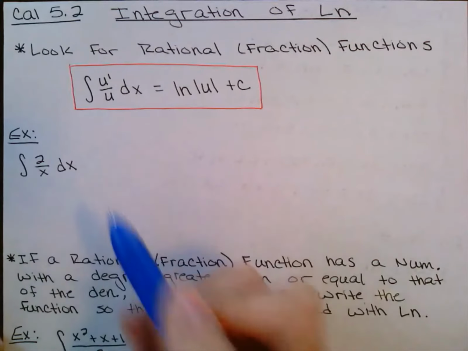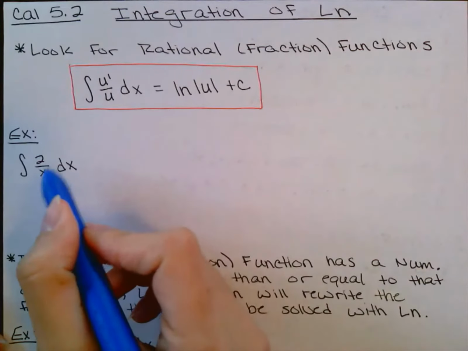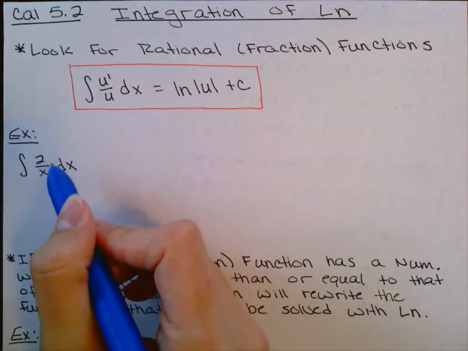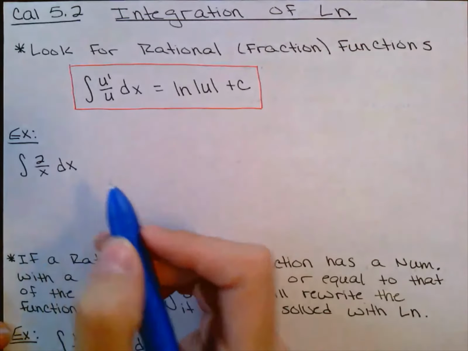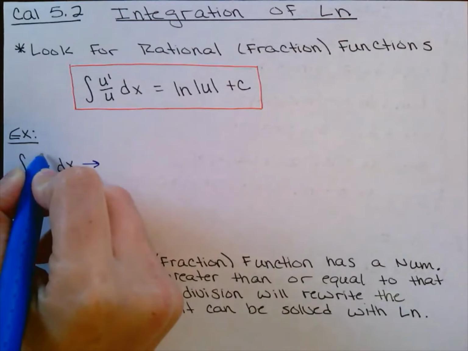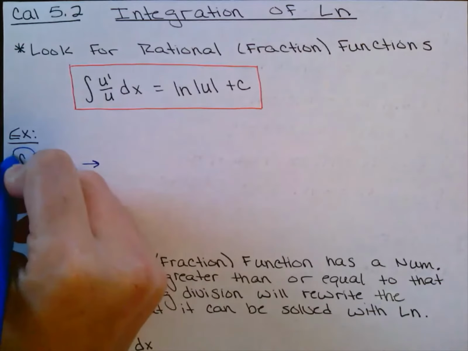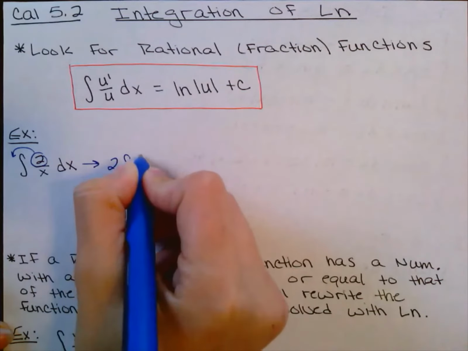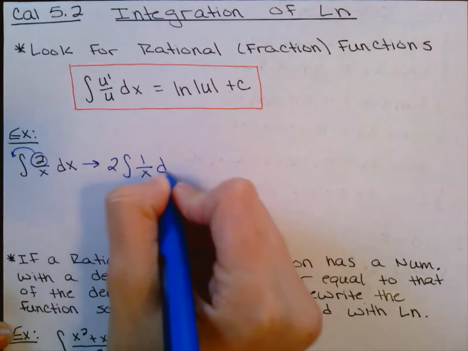Looking at this first example, you may feel like, okay, the derivative of x is not 2, but remember that with integrals we can rewrite and move that 2. Anytime we have a coefficient, we can move it out to the front and say 2 times the integral of 1 over x dx.